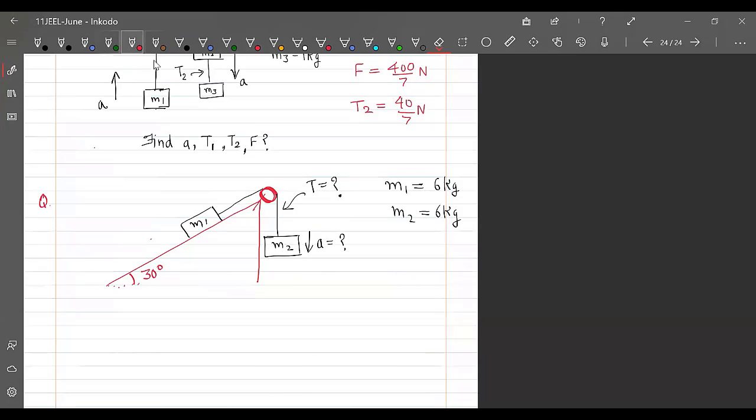Here the acceleration should be 2.5 meter per second square. Yeah.